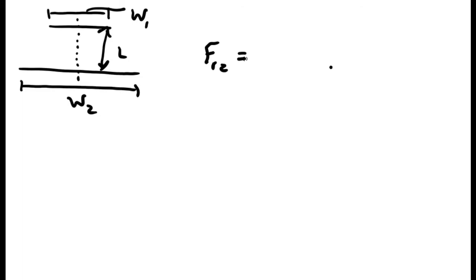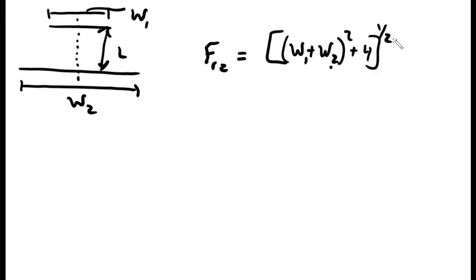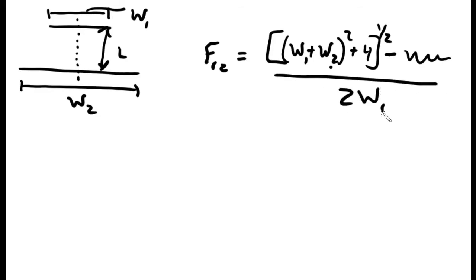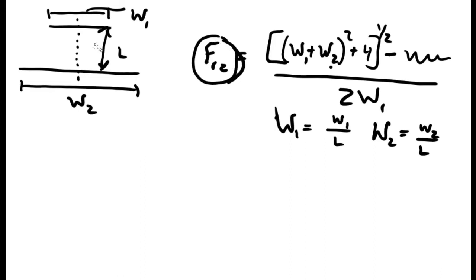It's some kind of long, crazy equation, something like this: big W1 plus big W2 squared plus 4, all to the 1/2, minus some more stuff, divided by 2 big W1. So you've got this big equation, and it defines what big W1 is for you, which is little w1 over L, and what big W2 is for you, which is little w2 over L. So you see, this gives you an equation, just like a correlation, that you can use to find the view factor between surface 1 and surface 2. So that's pretty cool, right?